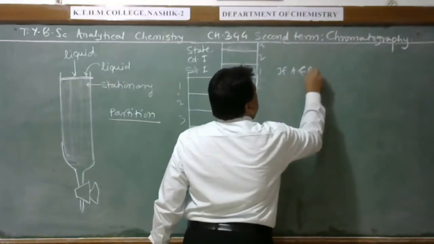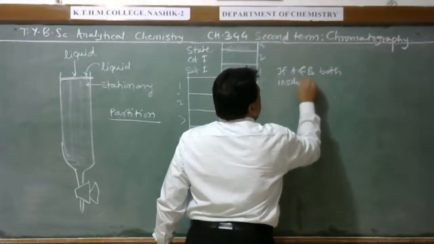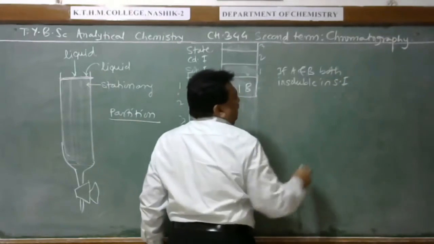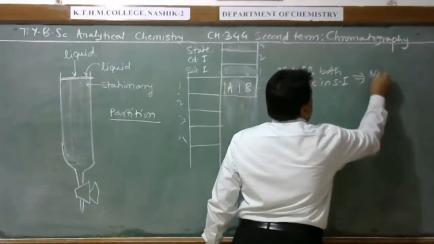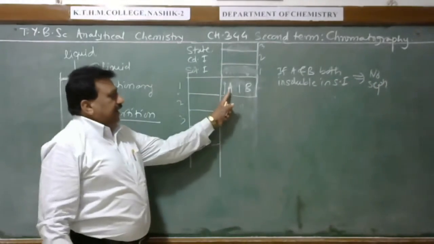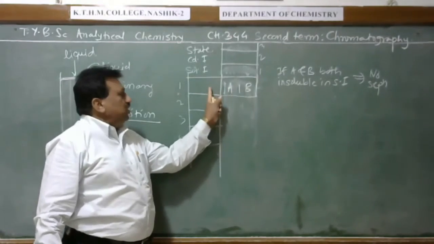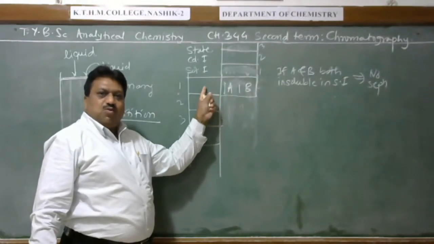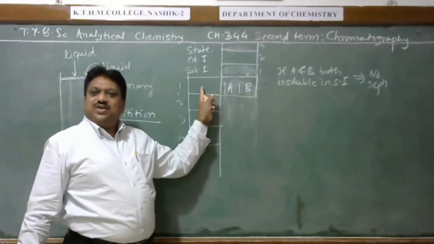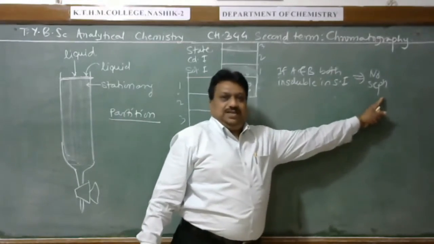A and B both are insoluble in solvent first, then there is no separation. That means if A as well as B is insoluble in this stationary phase, then A or B does not transfer into the stationary phase, then separation is not possible.